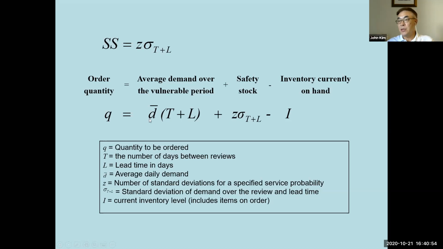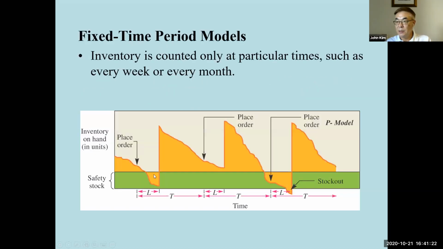So Q equals daily demand times T, the fixed term, plus L, the lead time, plus Z score, which is about service probability, times standard deviation during T plus L, minus inventory on hand. When placing an order, if there is inventory, subtract it and then place the order.